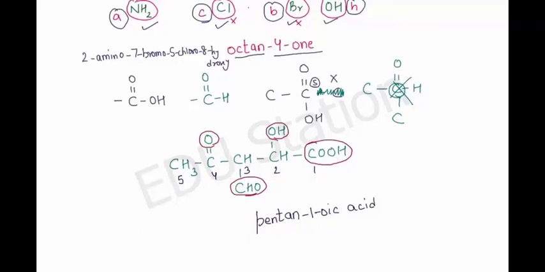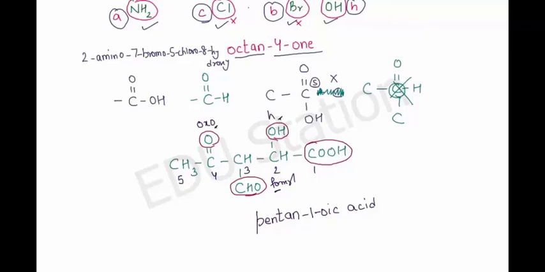Now we have not written these three groups. Keto, we write oxo for keto. Hydroxy, for aldehyde we write formyl, F H O. So F comes first.